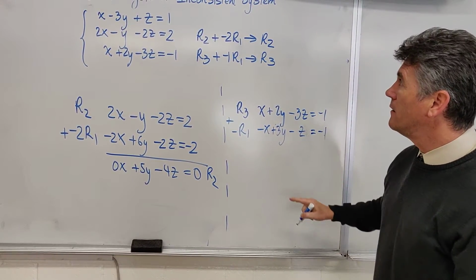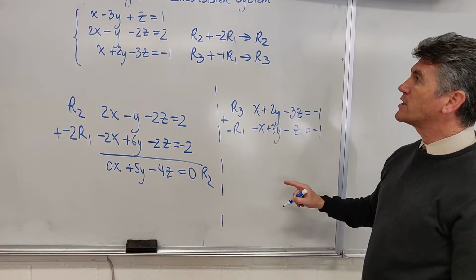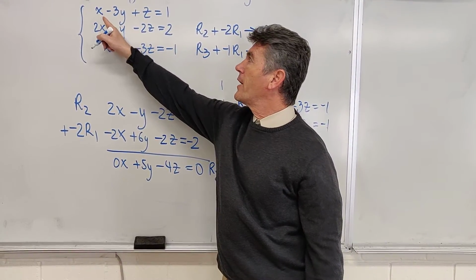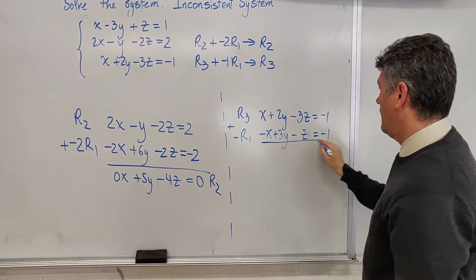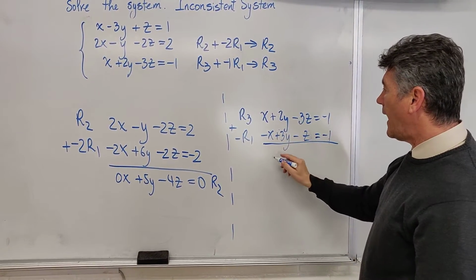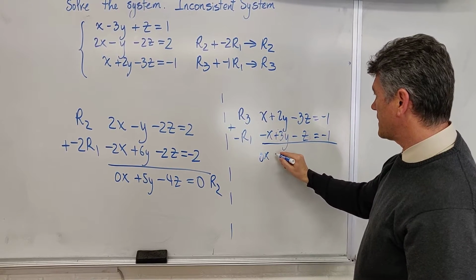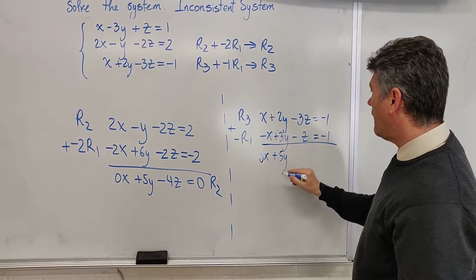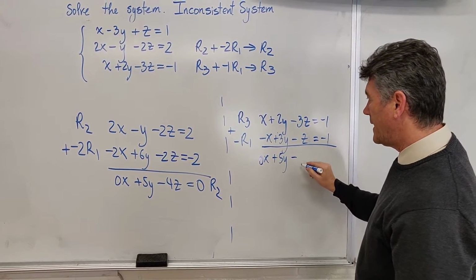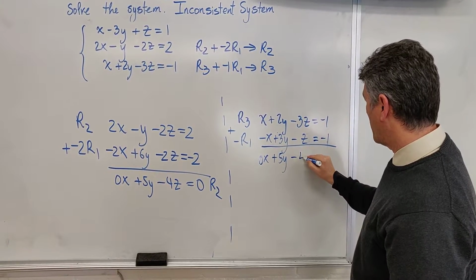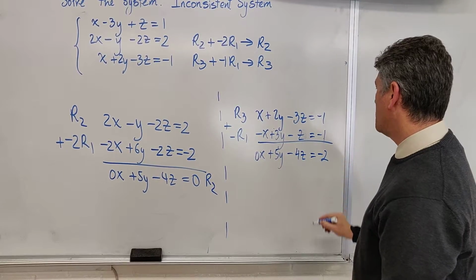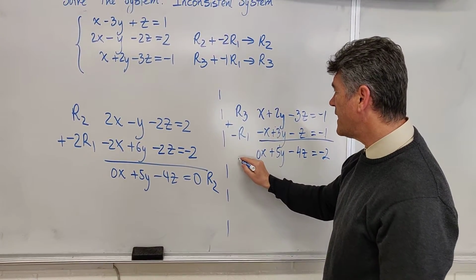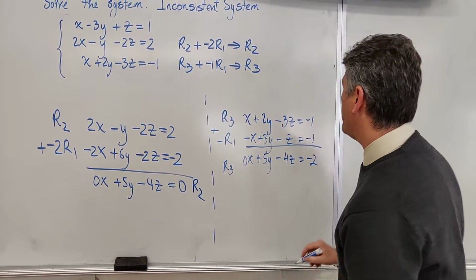Let's check. First row times negative 1: negative 1x plus 3y minus z equals negative 1. Everything is good. Let's add: no x's, 5y's minus 4z is equal to negative 2. Like I said, this is our new row 3.